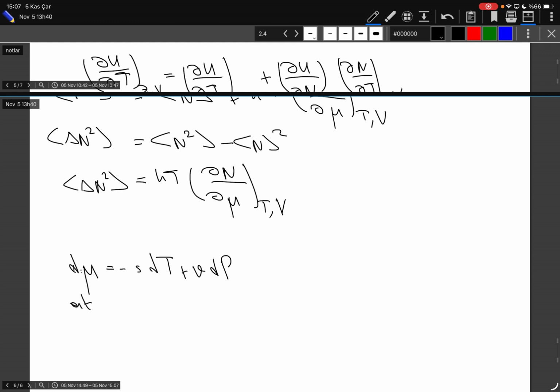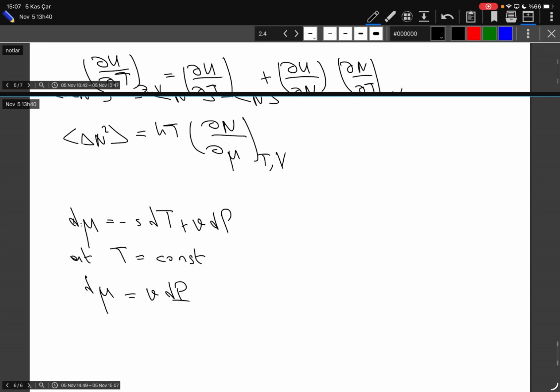Now, at T constant, d mu is just v dP. That's nice, because now delta n squared average is kT over, this is the volume per particle, derivative of the number of particles with respect to pressure at constant temperature and volume.